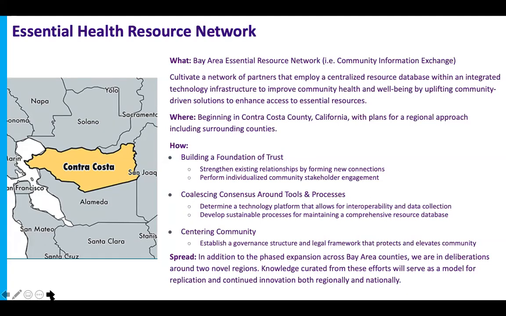With COVID-19, we started engaging with Contra Costa Health Services, a deep partner with Health Leads, about responding to the needs that were present within the county. And oftentimes, when we talk about COVID-19, we focus on the curve of cases and the death rate associated with COVID-19.